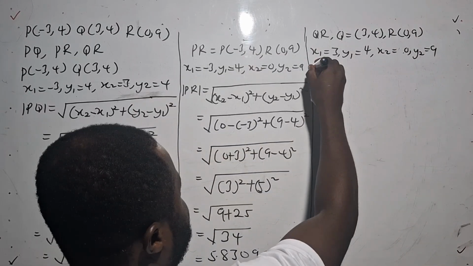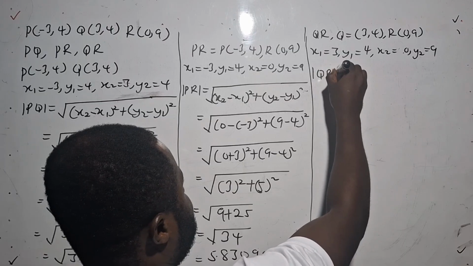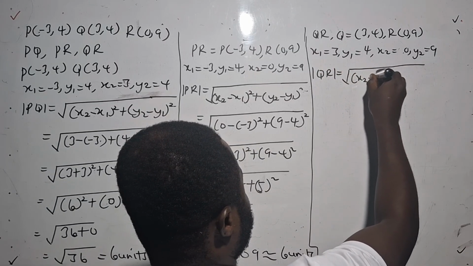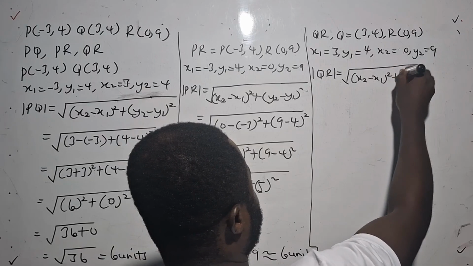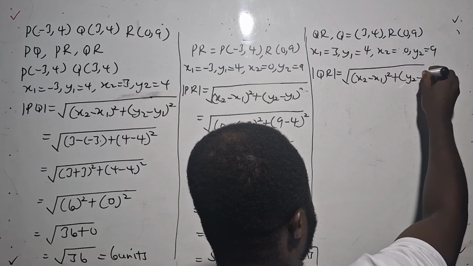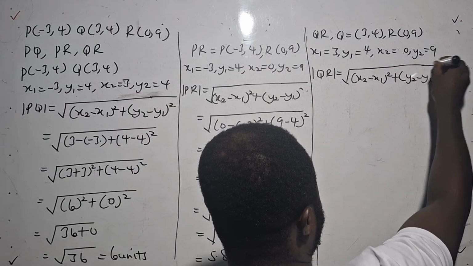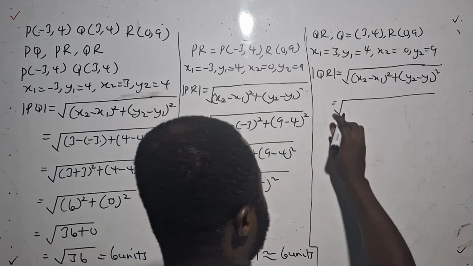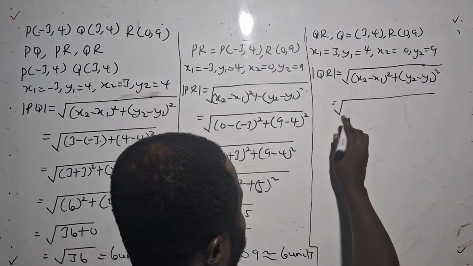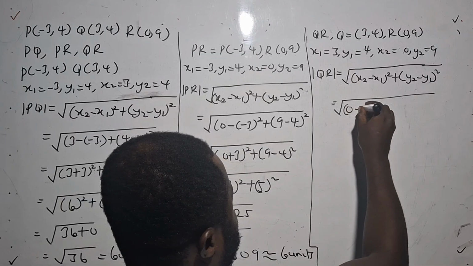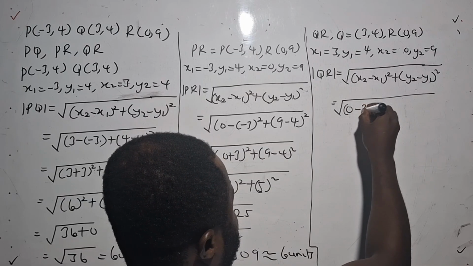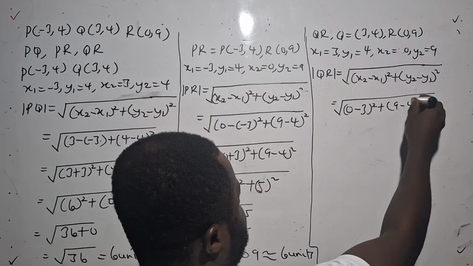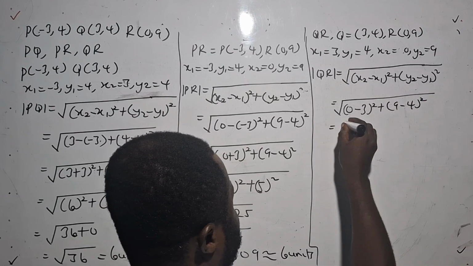So now we are going to find the length of QR. Our formula: x2 minus x1 squared plus y2 minus y1 squared. We follow closely. Our x2 is 0 minus x1, 3, plus y2, 9, minus y1.